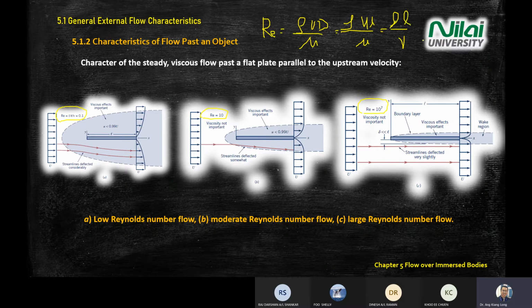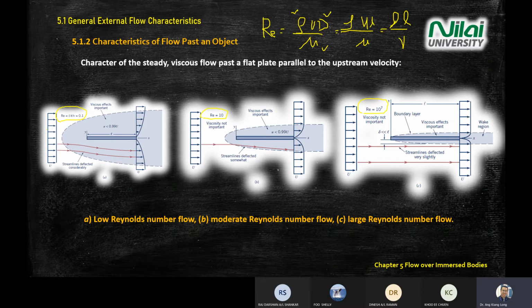If you look at the Reynolds number definition, if rho is fixed, D is fixed, and viscosity is fixed, the only change is velocity. So a higher Reynolds number means a higher velocity. Reynolds number is important when defining the characteristic of flow.